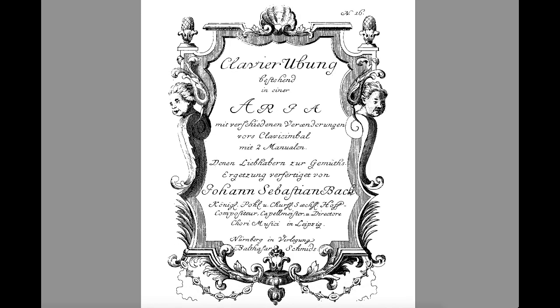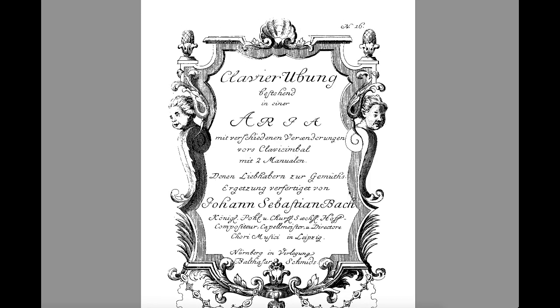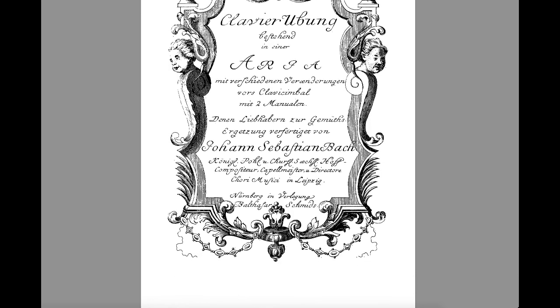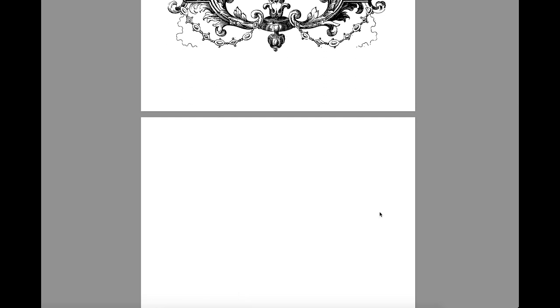There's no date on here, but it has been dated to 1741. This is the first edition of the Goldberg Variations. The first edition from 1741, and it was actually engraved by Bach himself.